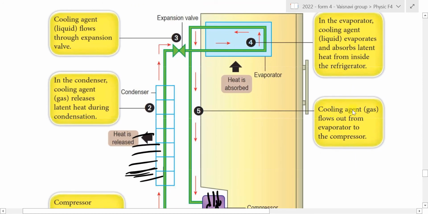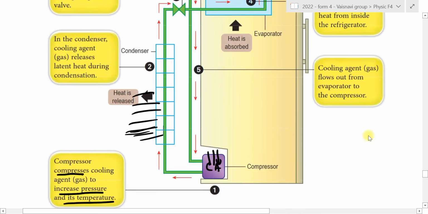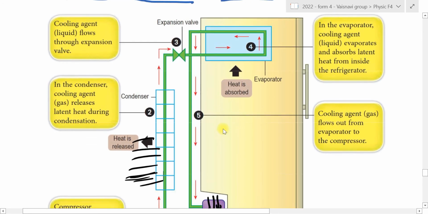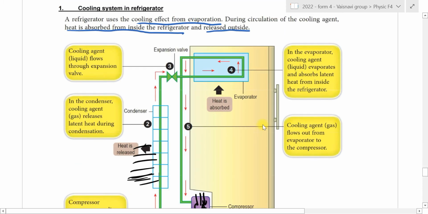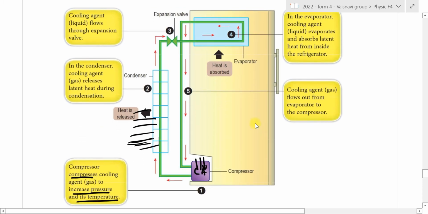Okay, cooling agent flows out from the evaporator to the compressor, and this process continues again and again. சரி, this is the overall picture of how the cooling system in the refrigerator happens.